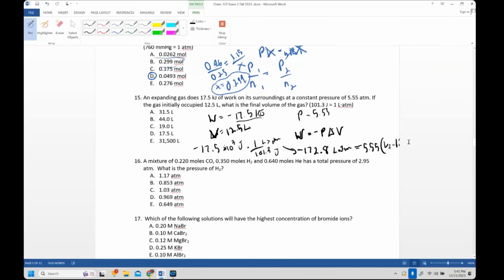Then we can solve for V final, and I'll write it again down here. Negative equals negative, so we can make it positive: 172.8 equals 5.55, which is your P, times your delta V, which is V final minus V initial, which is given, 12.5.